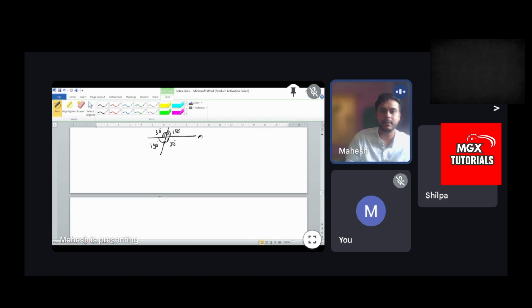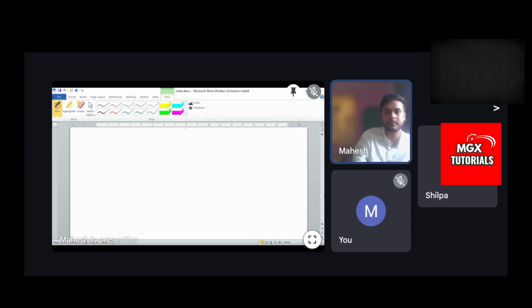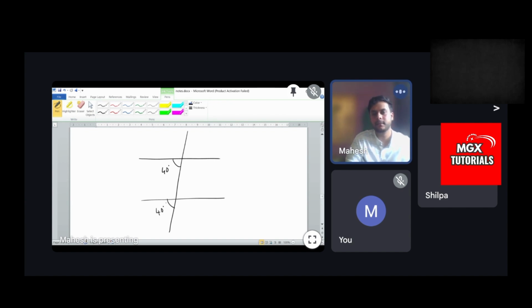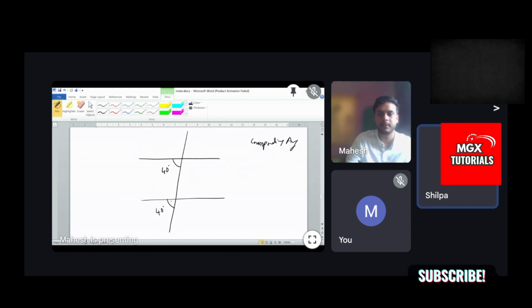One more diagram. Let's try. A little bit bigger diagram this time. See, this is 40 degrees. Then this also will be, by corresponding angles. These are corresponding angles. Can you see corresponding happening? Okay.